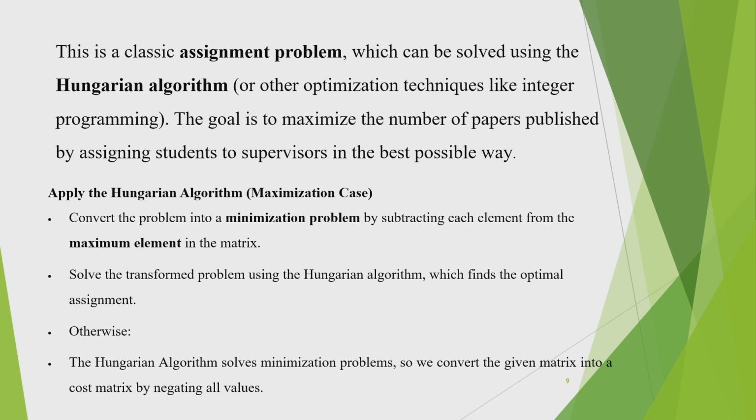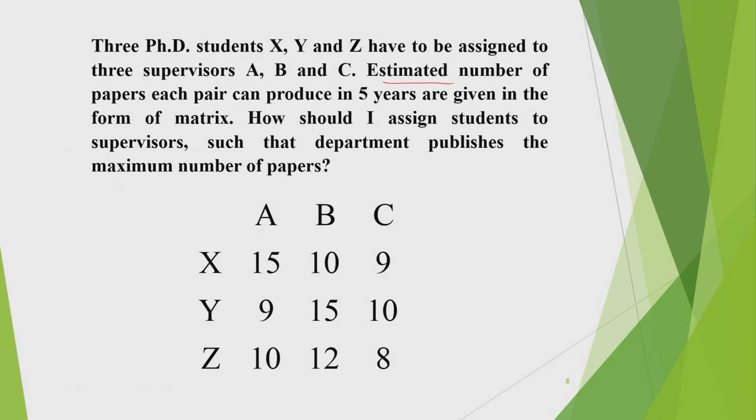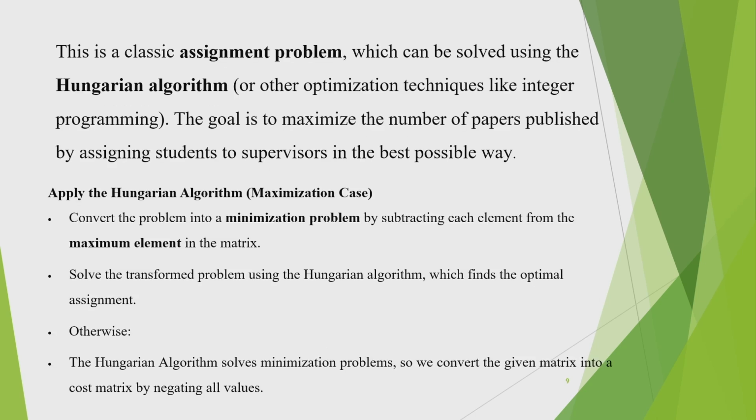So convert the problem into a minimization problem by subtracting each element from the maximum element in the matrix. So we can do that, or otherwise we can make everything negative also. That means we can say minus 15, minus 10, because everything. Otherwise here what we do is subtract each element from the maximum element.